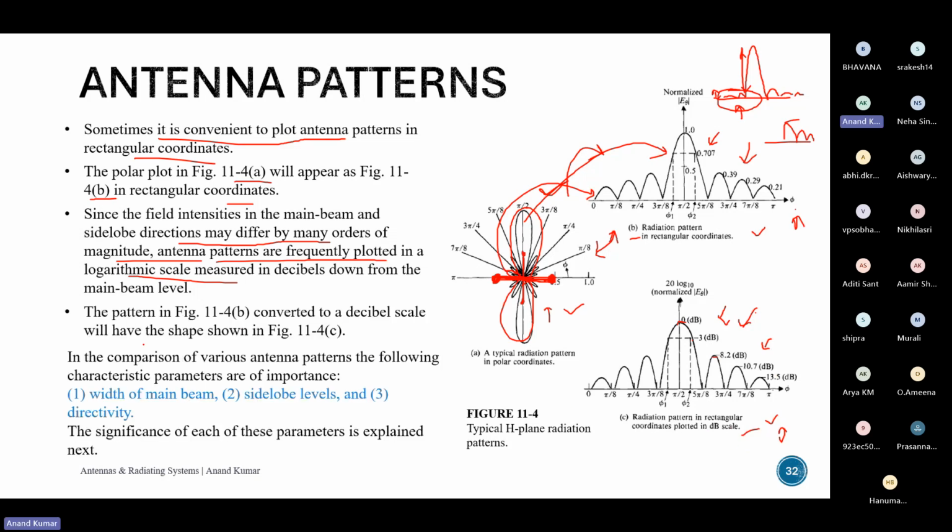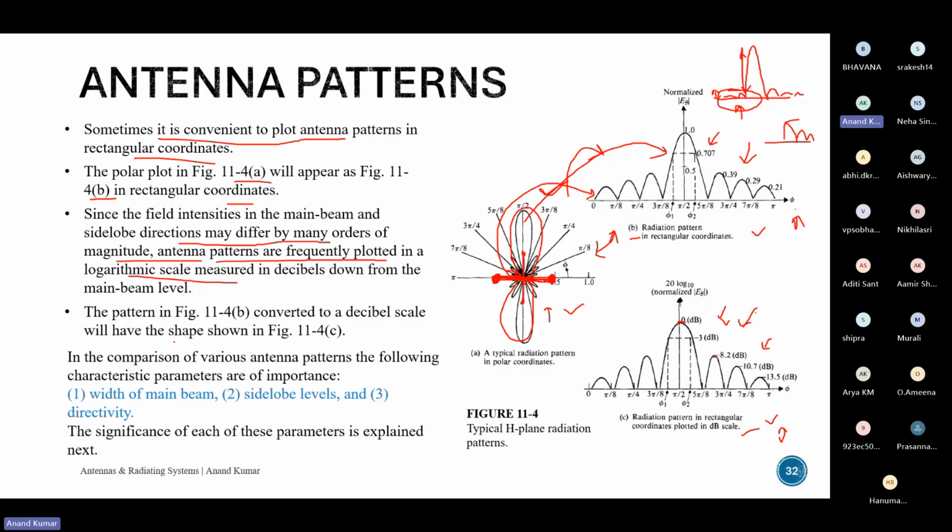So this is all we were supposed to talk about antenna patterns. Now we'll look at antenna parameters. The thing you would have realized while looking at the patterns is that we are just getting an idea of how the antenna is radiating in space.